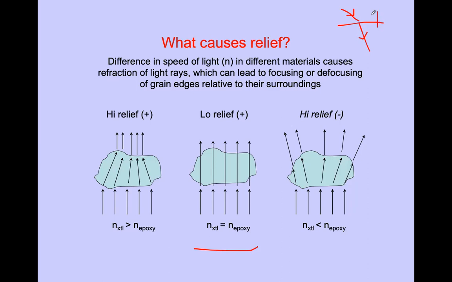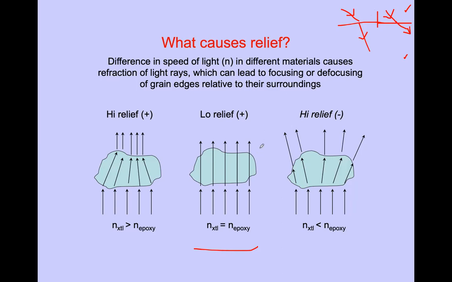Let's take the rays coming like that. Suppose the two refractive indexes are the same, here and here. In that case, there will be no refraction taking place, right? It will not change, it will go straight without any change, right?